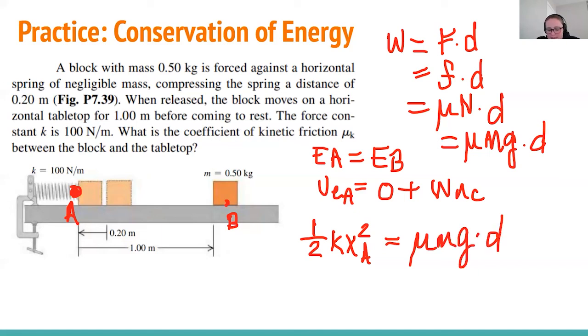Taking a look at this, I have k, I have the compression, I have mass, I have gravity, I have distance, and my one unknown is what I'm solving for, which is mu. So this equation is going to be useful to me. I can solve from here.